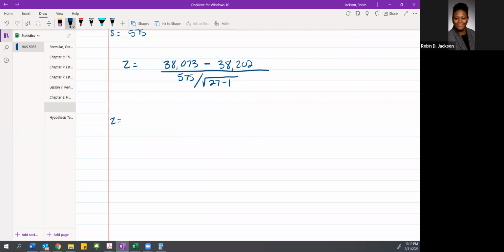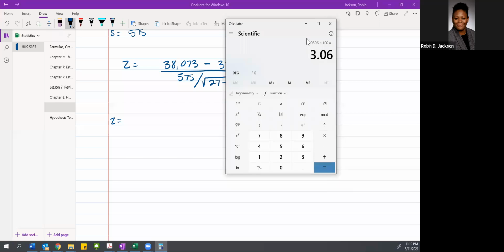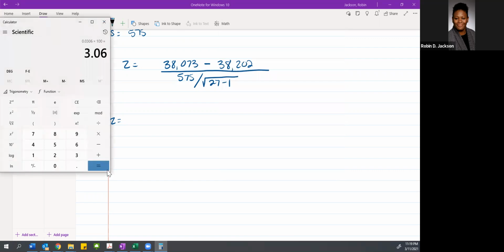do some of this math. Let me make this a little bit smaller so that I can see what I'm doing. Okay, I think that'll work.